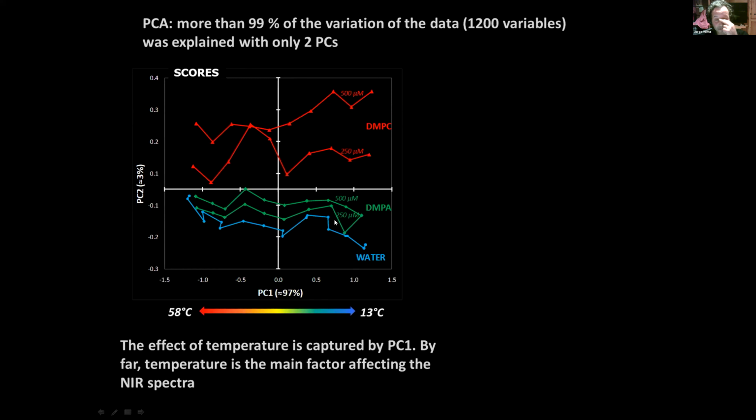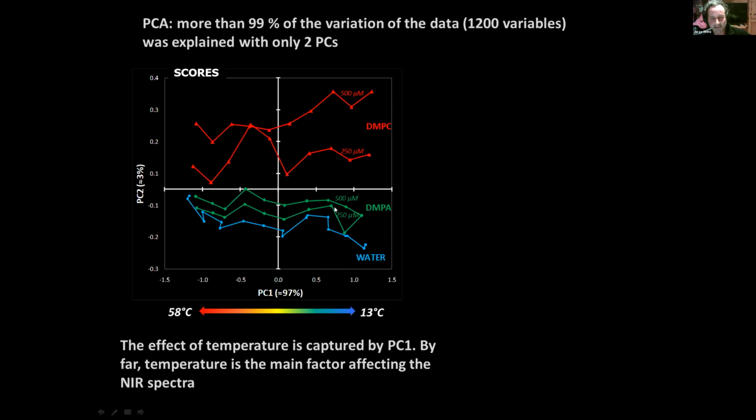Each of these samples, let's say the blue line, represents pure water heated from 13 to 58 degrees. This variation in the spectra is captured mostly by PC1, which explains 97% of the variation.